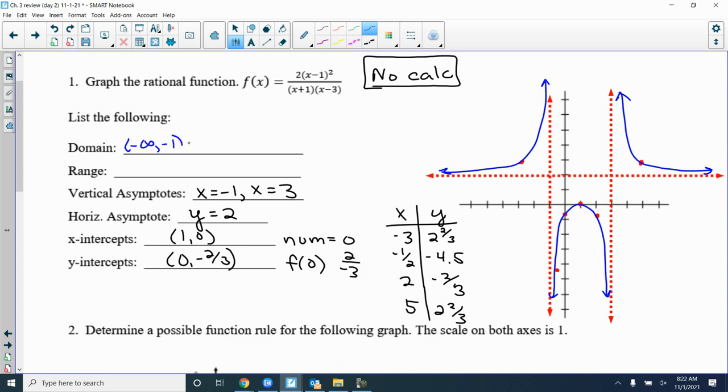Negative infinity to -1, union -1 to 3, union 3 to infinity. Our range will go from negative infinity to 0, including 0, union 2 to infinity. So we're missing that chunk in between 0 and 2. Okay, for that one.